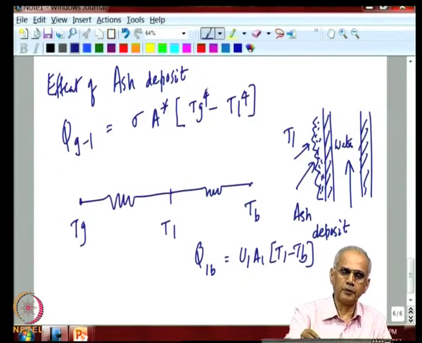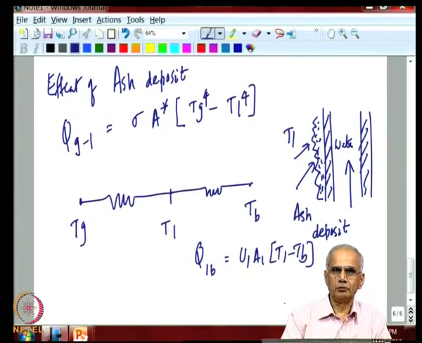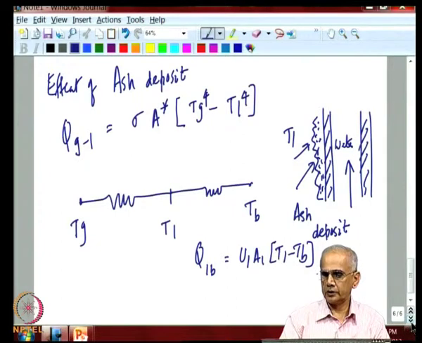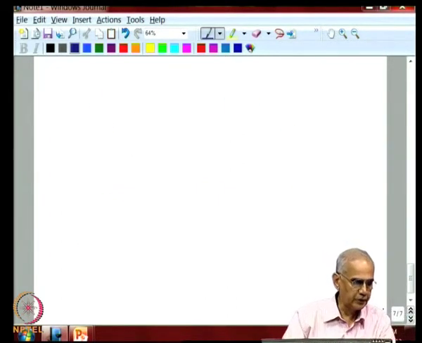So, this equation has the 4th power temperature, this is linear. So, strictly speaking, you have to do this numerically, but one can do a little approximation.